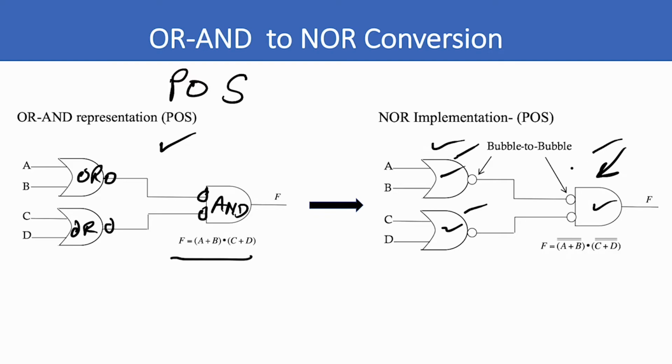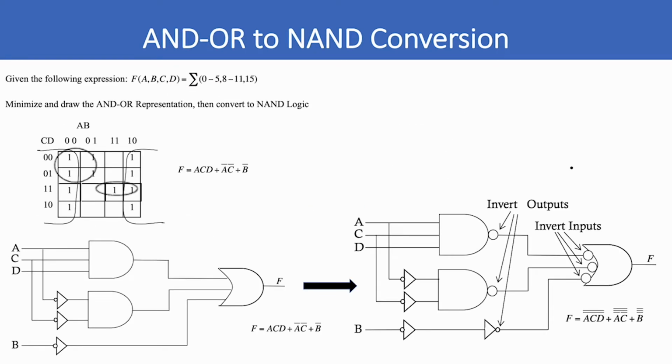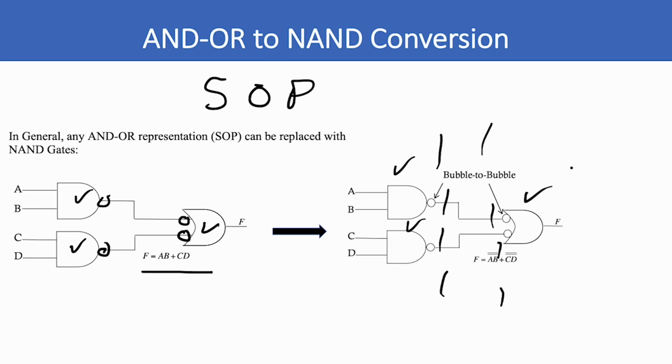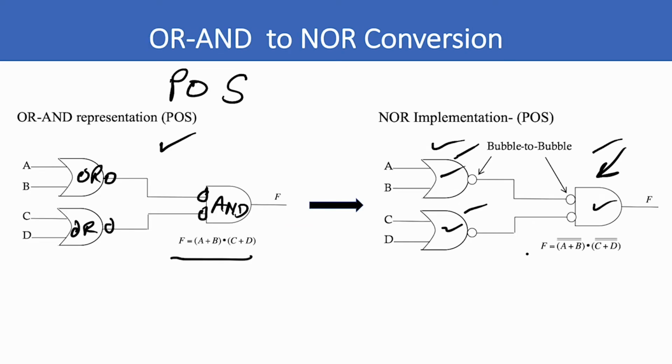So net, here's what we have. We converted an SOP form, sum of products form, from an AND OR to a NAND implementation, which is still an SOP form, just by changing the AND gates to NAND gates and changing the OR gate to a NAND gate. And logically, they are equivalent. Very simple. The same with the POS.